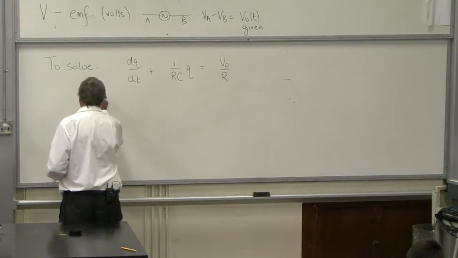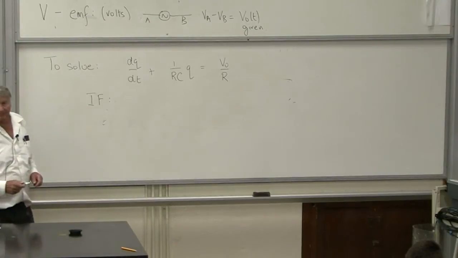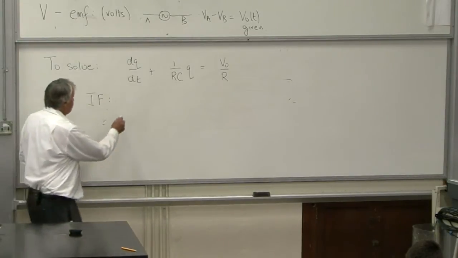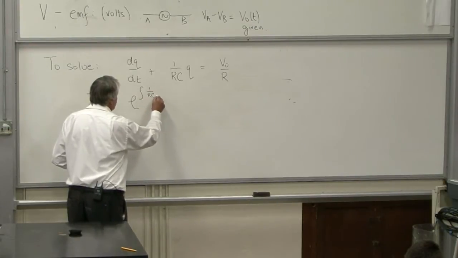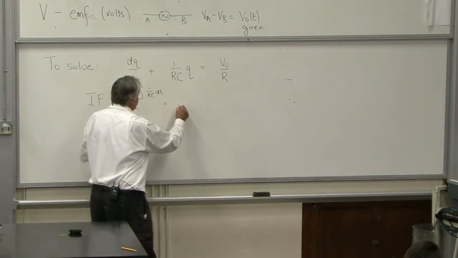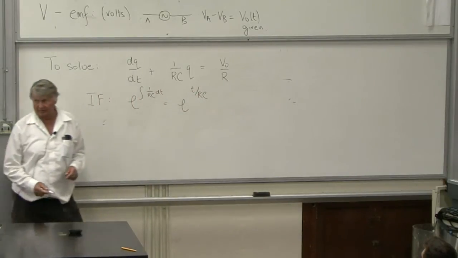Integrating factor. What is the integrating factor? It's e to the integral of 1 over RC dt. That's just e to the t over RC, because R and C are constants.